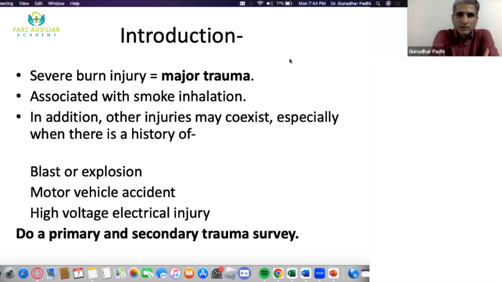Mostly the patients with major burn come to the hospital. In addition, there can be coexistent injuries, particularly when there is a history of blast or explosion, motor vehicular accident, or high voltage electrical injury. That is the reason we do the primary and the secondary survey, just like the trauma patient.